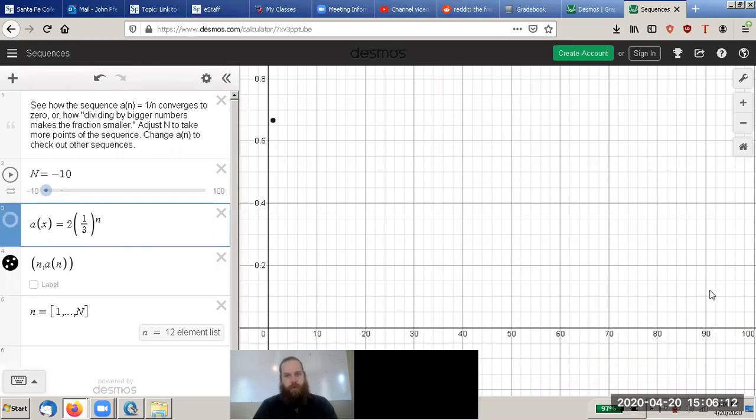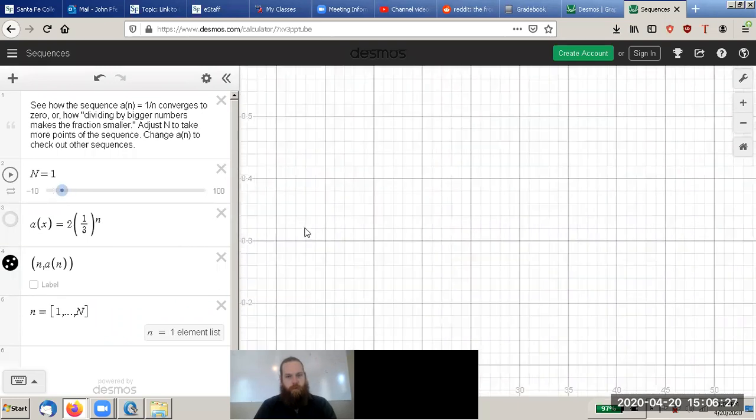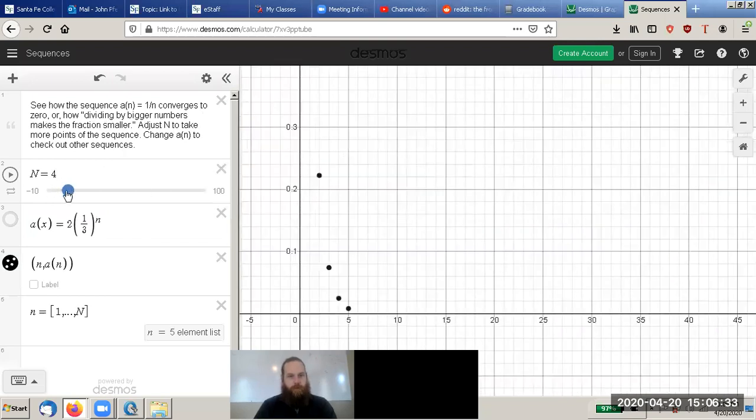So what you're going to see here, that's the first term of the sequence. And slide this out. Is this going to work? Yeah. So we'll zoom in. I don't need n to go all the way out like that. So we're going to look at the first few terms of this sequence. That's our sequence.